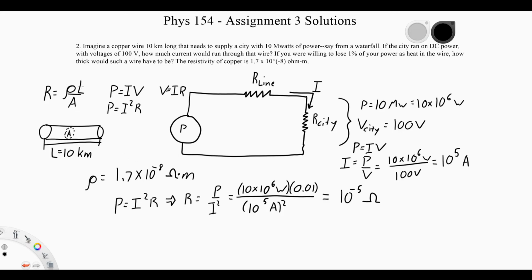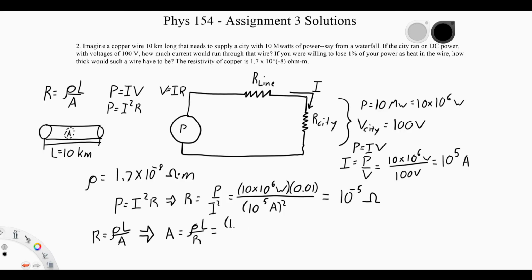We already have rho and L, which means we can now go ahead and solve for A. So we're going to take the equation R equal to rho L over A. We're going to multiply A to the other side, divide by R, so that we end up with an equation for which we can solve A. And we get the area is equal to rho L over R.